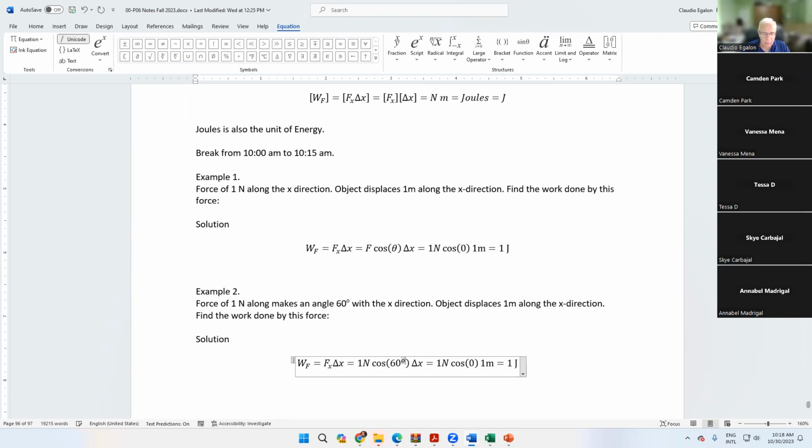Cosine of 60 degrees is half. Right? So we have half Newton, half joules.